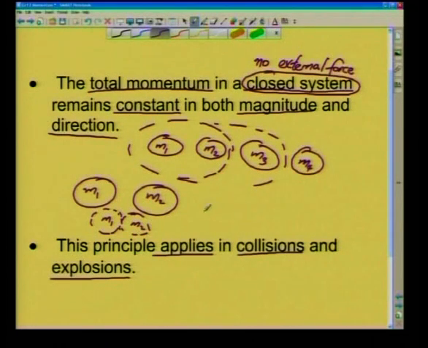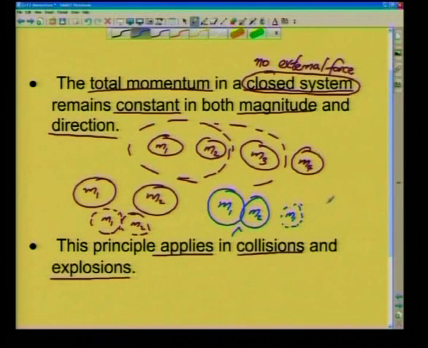Or sometimes you have got 2 or 3 objects or more that are together, okay? And something happens, an explosion happens, and they separate. So you have M1 there, and you have M2 somewhere there. They have separated. So from this situation to that situation, this principle will apply.